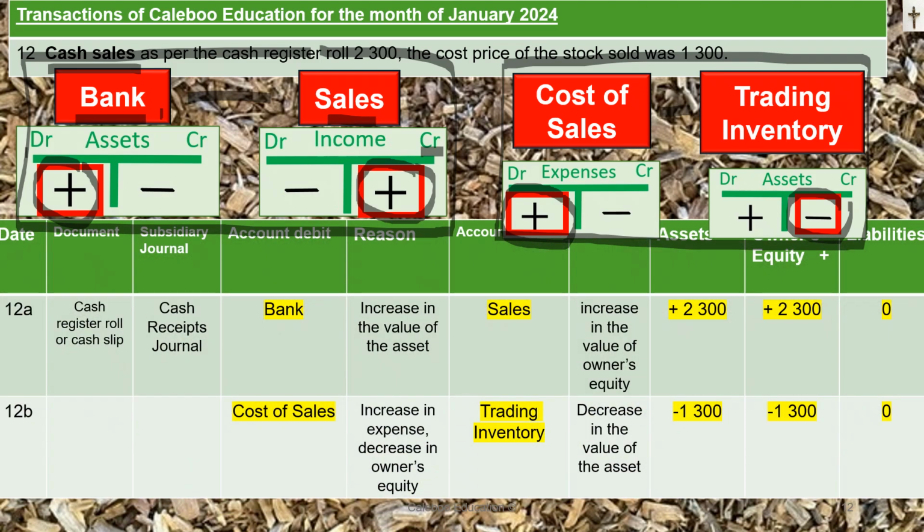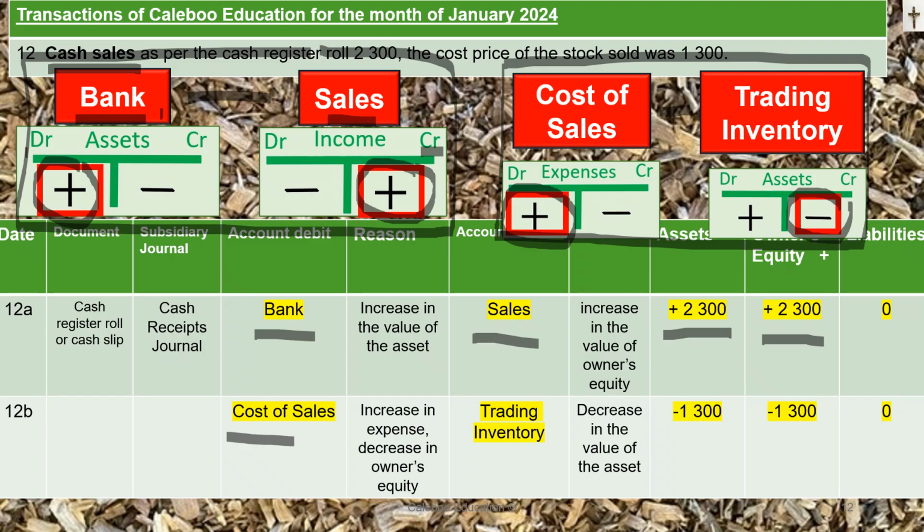And if we look at the effect on the accounting equation, the account that was debited for part A, bank, and the account credited, sales: what happened to our assets? Increased by 2,300. And under owner's equity, income increased owner's equity by plus 2,300.